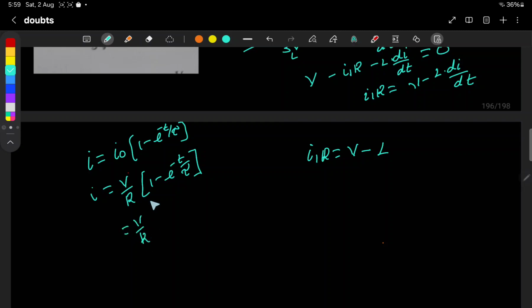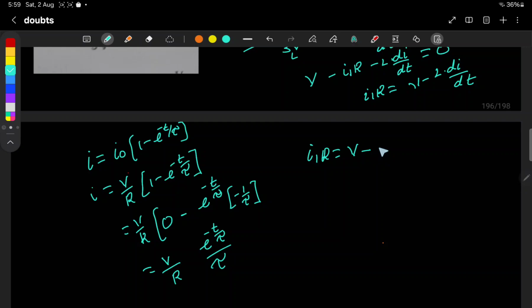V by R is a constant, 1 is a constant, differentiated you will get 0. So minus of, if you differentiate e to the power minus t by tau, you will get minus 1 by tau. So you will get V by R, e to the power minus t by tau divided by tau. If I substitute that here, instead of L into di by dt, I'll get L into V by R e to the power minus t by tau by tau.